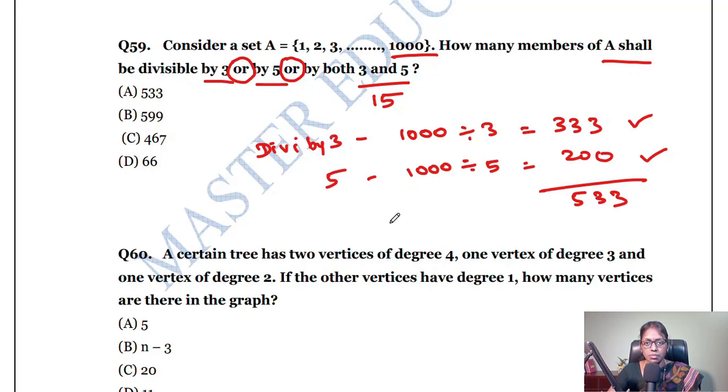So I am subtracting, since 3 and 5 means 15.